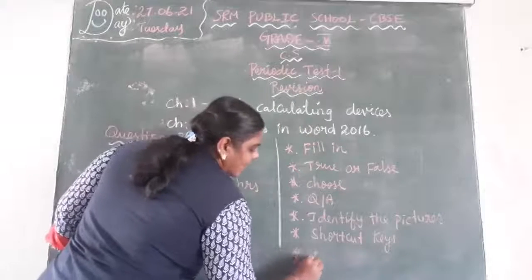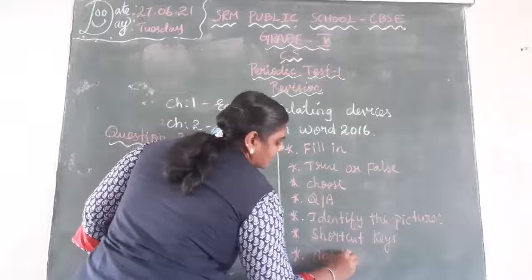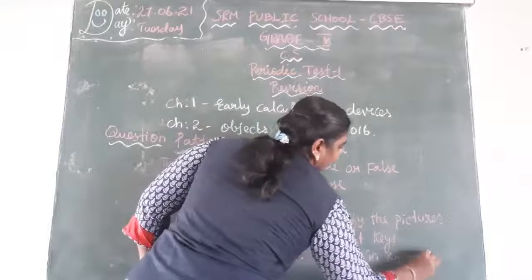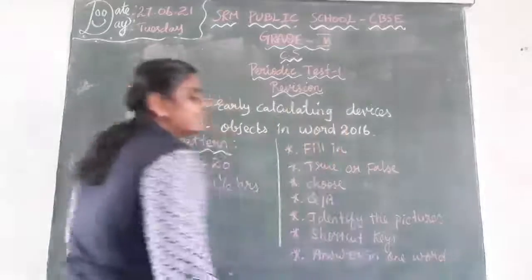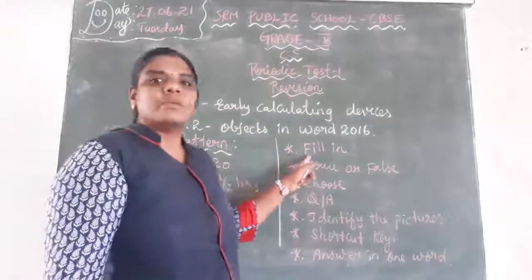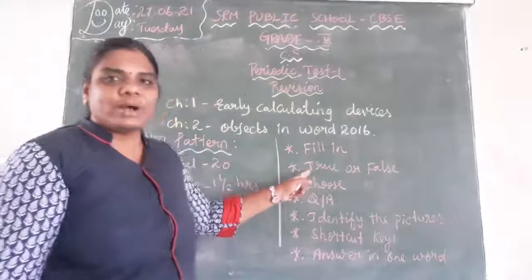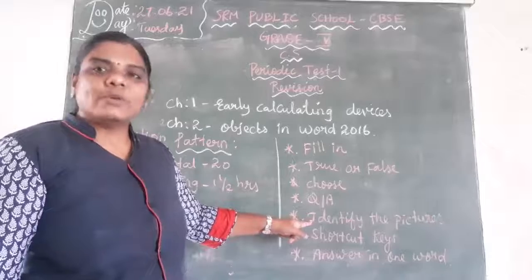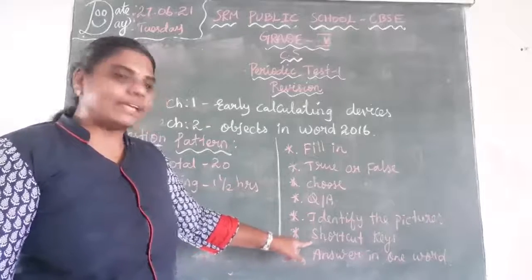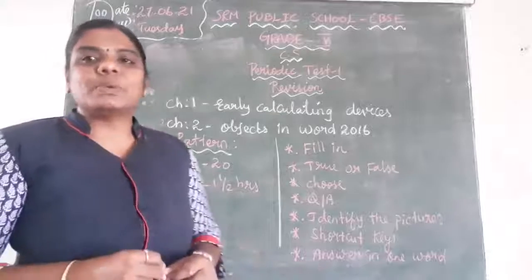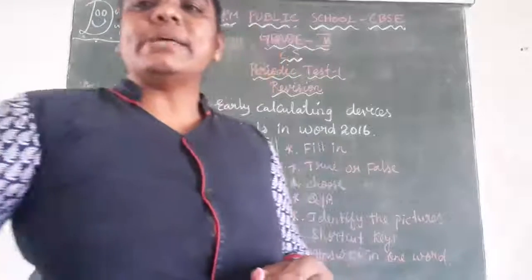And then answer in one word. So this is your question pattern. Once again I will repeat. Fill in the blanks, true or false, choose, question and answer, identify the pictures, shortcut keys, answer in one word. Okay, you are going to write the exam for 20 marks.